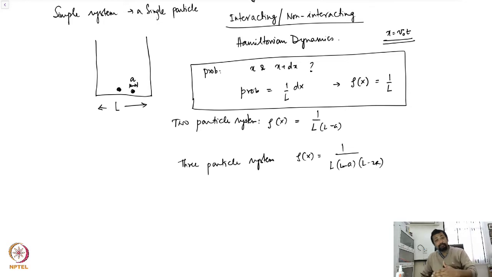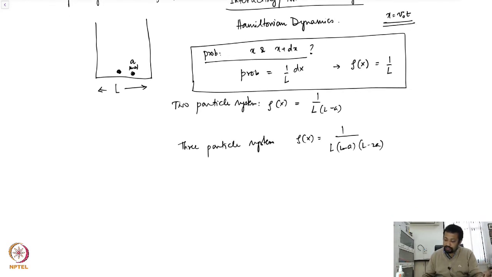Even if I know where one particle is, given that the particles have a size so that they cannot overlap, there is an excluded volume interaction, and this question becomes even more complicated.